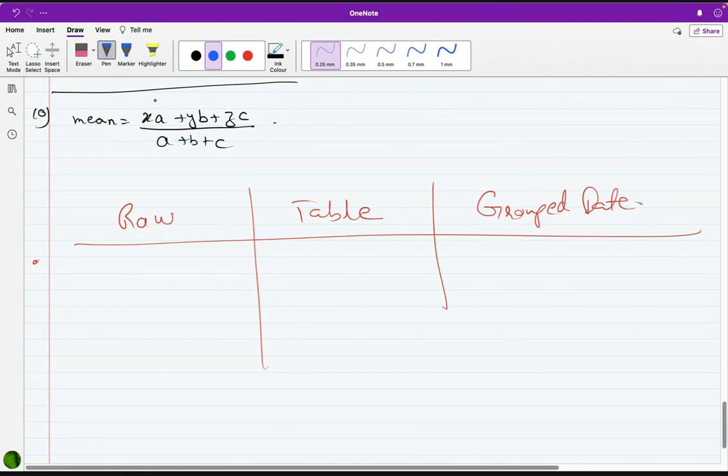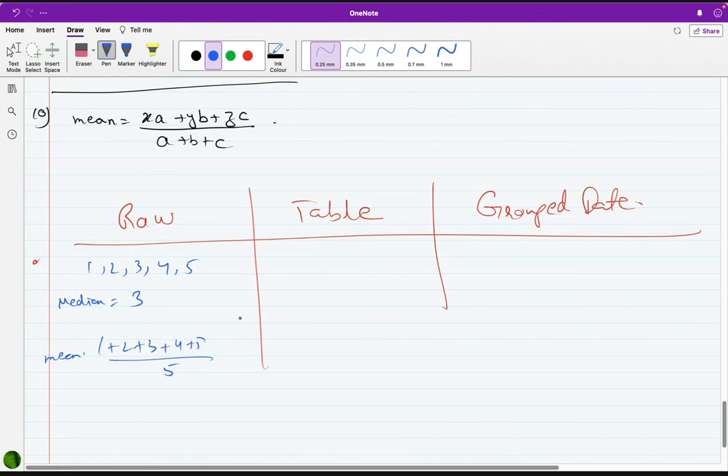Let's consider an example. If we had raw data, I'll write small values so we can do it manually: 1, 2, 3, 4, and 5. The median is equal to 3, the middle number. The mean would be 1, 2, 3, 4, 5 divided by 5.